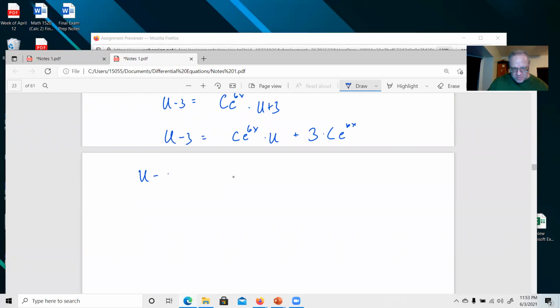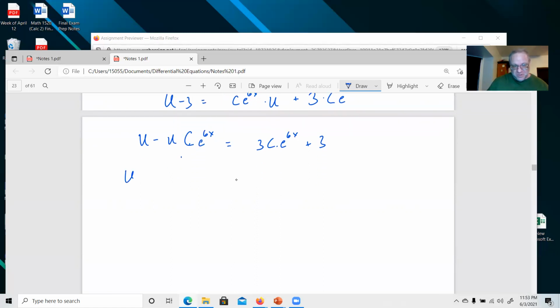We have u minus u c e to the 6x is equal to 3c e to the 6x plus 3. At this point, you may have asked, why isn't he putting the 3 inside of the c? Because I got a c over here too, and I would keep them the same c's. Otherwise, we'd have a c1 and a c2 because they'd be different. Okay.